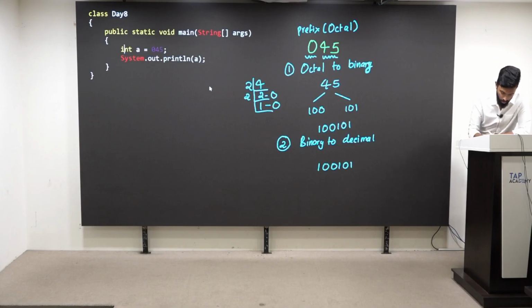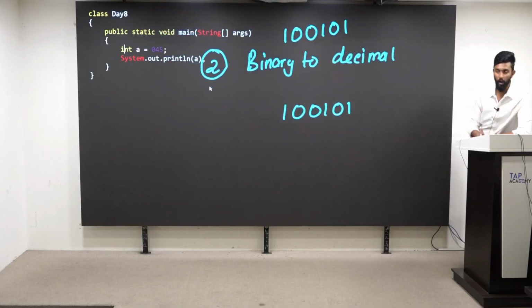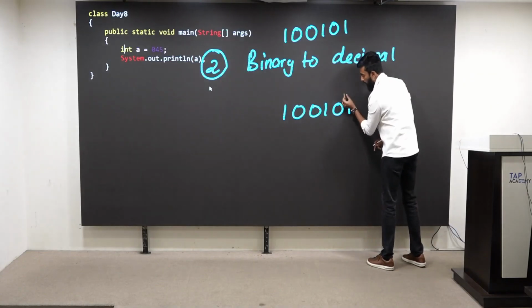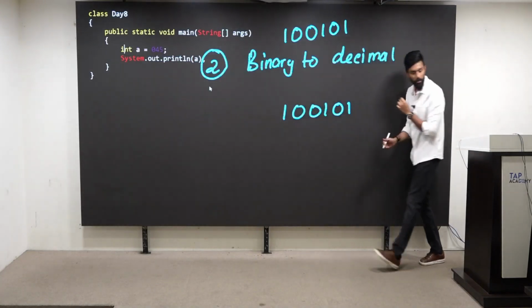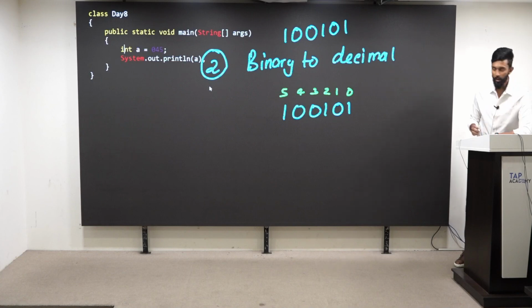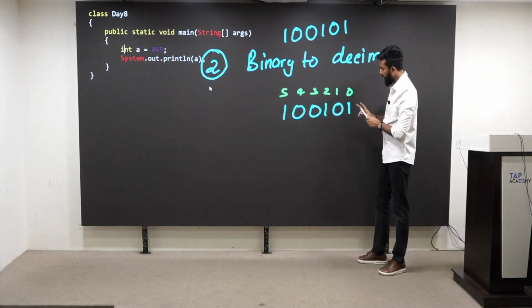Now let me zoom this a little bit so that you can see what I am talking about. Understood? Every single bit has one positional value. That positional value always starts from 0: 0, 1, 2, 3, 4 and 5. Now the step to convert binary to decimal is very simple.